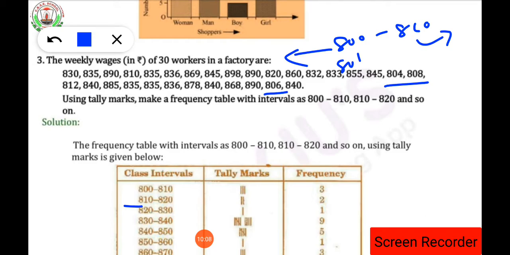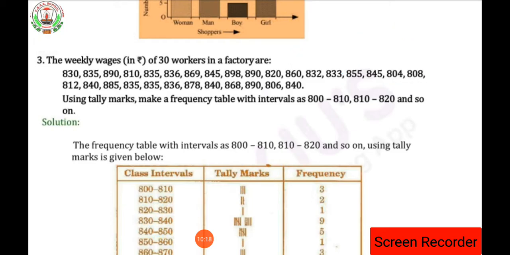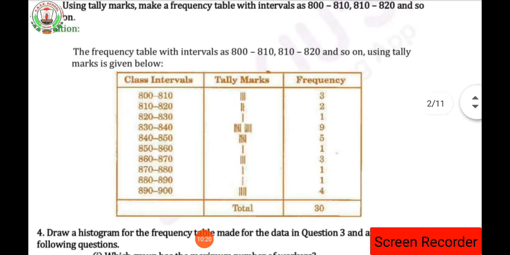This 810 data will not be counted in the first interval, it will be counted in the second interval.